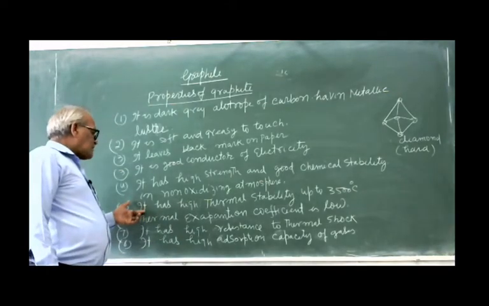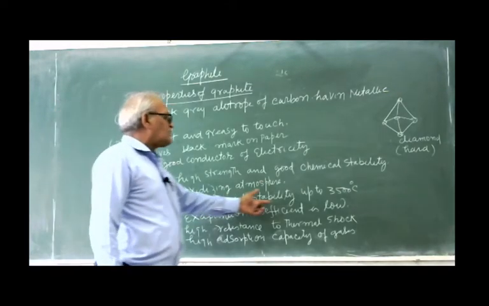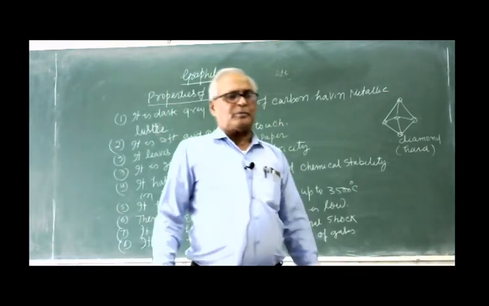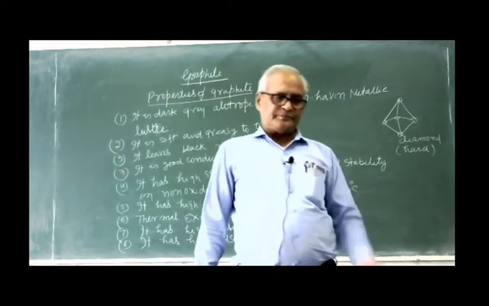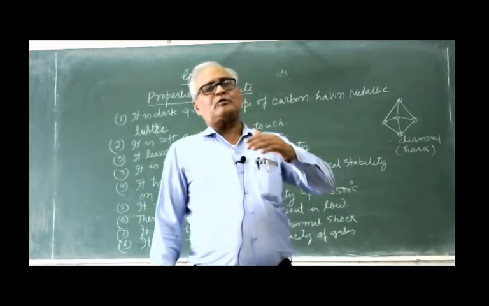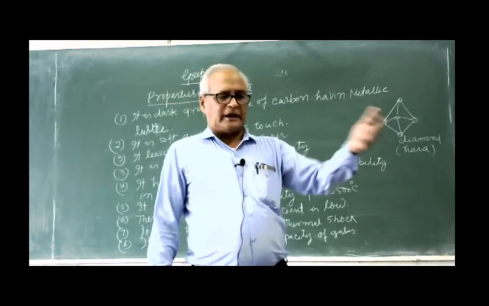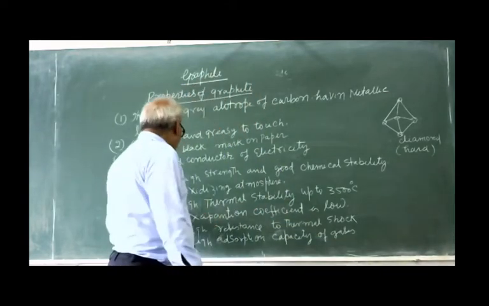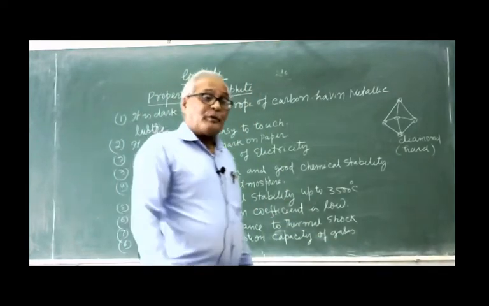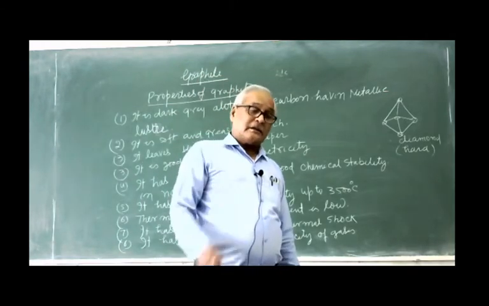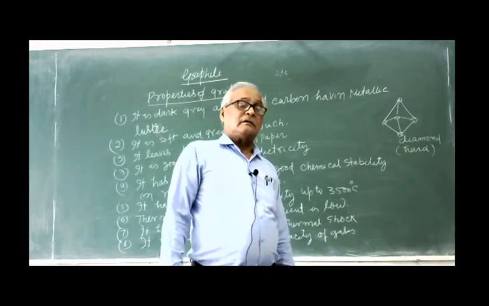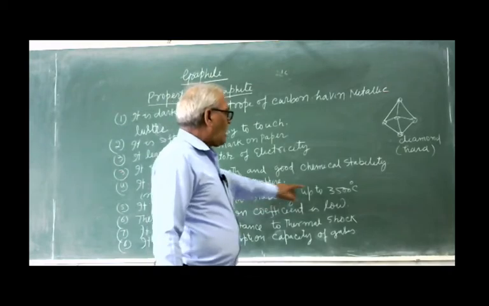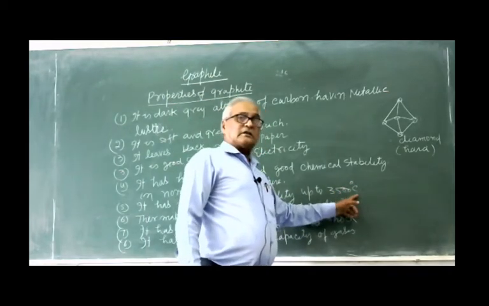Next character of the graphite, it has high thermal stability. Thermal stability means, you know, if you heat coal, it will change into carbon dioxide and generate heat. But this graphite, it can also burn in air, giving heat and carbon dioxide. But the stability is up to 3500 degrees centigrade.